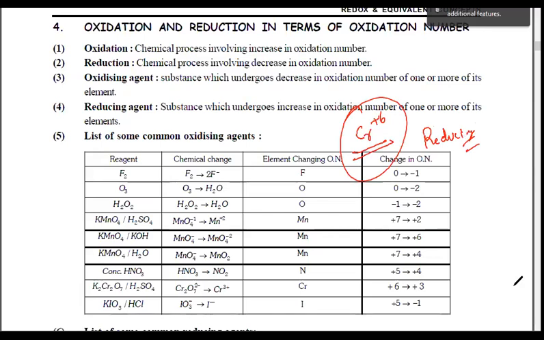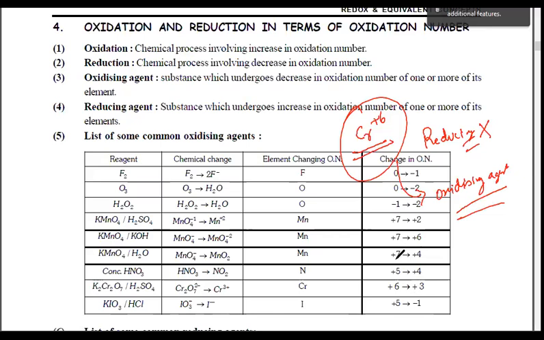Yes, very good. So it cannot behave as a reducing agent. It will be a very good oxidizing agent. I'm teaching the concept so that you don't have to mug up anything. Right, everyone?